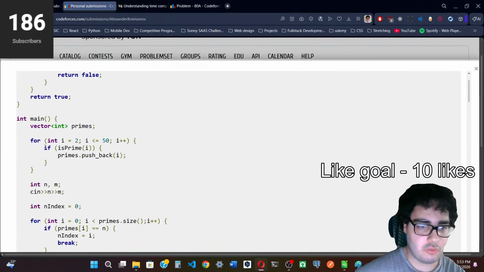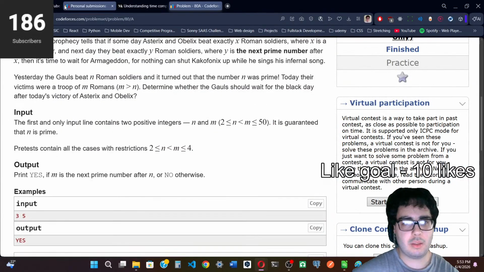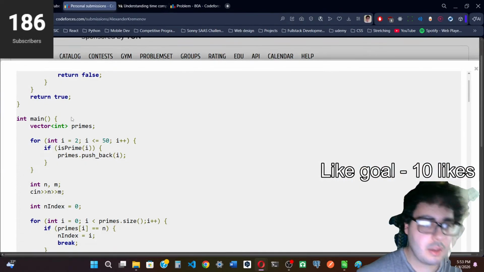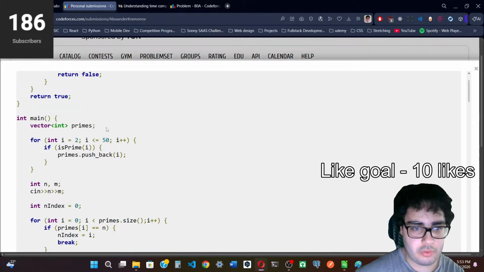So I have generated all the prime numbers from 2 to 50 inclusive, since this is what M can be and N can be. And I have made an array called primes, which stores these prime numbers.